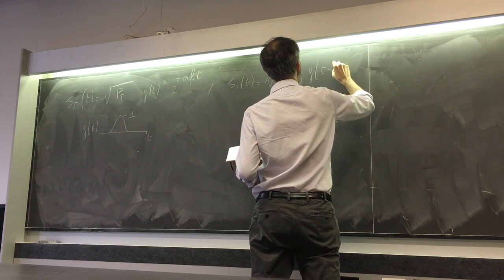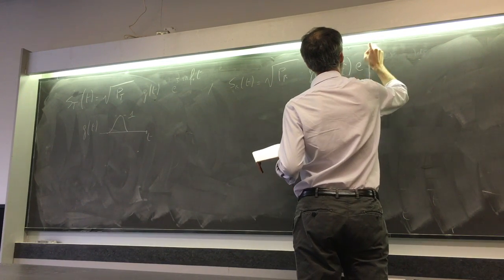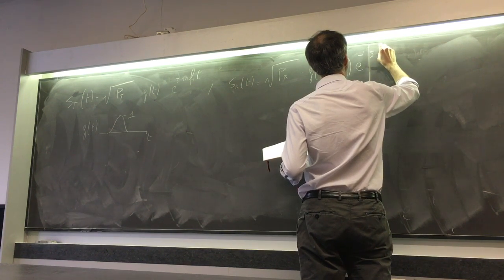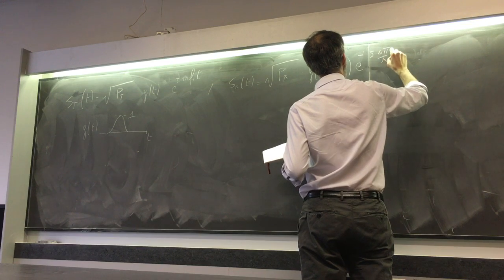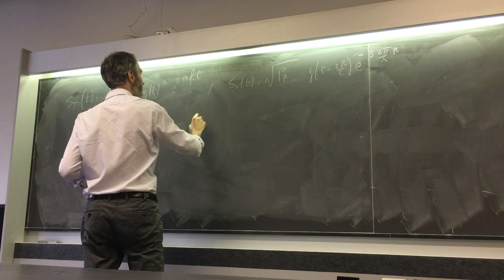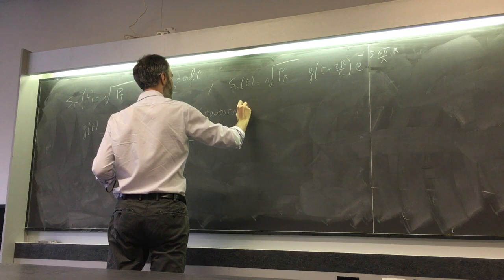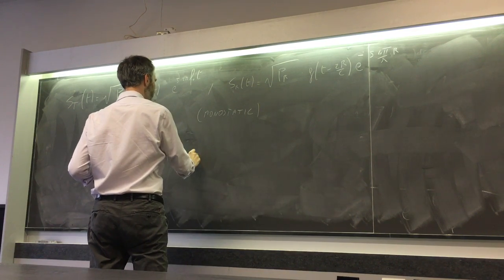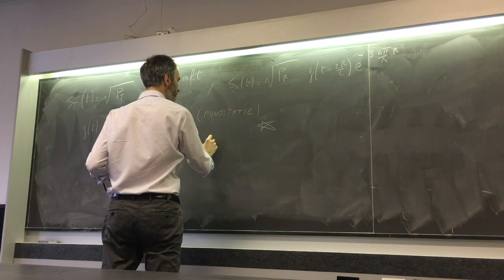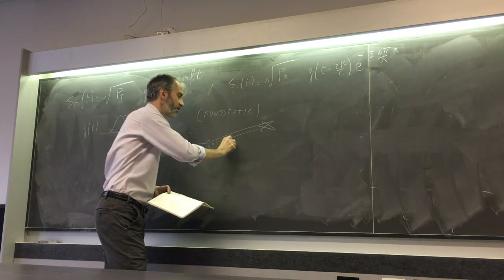The pulse is delayed according to twice the distance divided by the speed of light, and then you have the phase, which is minus j, let's say 4 pi divided by the wavelength times r. I am assuming, of course, a monostatic system. Meaning that this is my radar, this is my target, the wave goes to the target and gets back to the radar, and this is the distance.